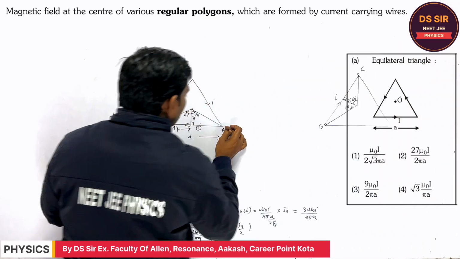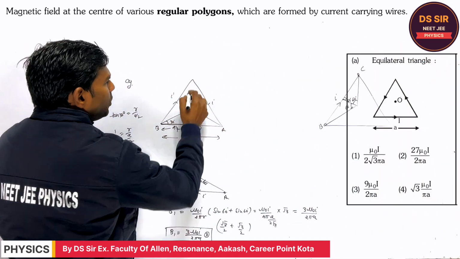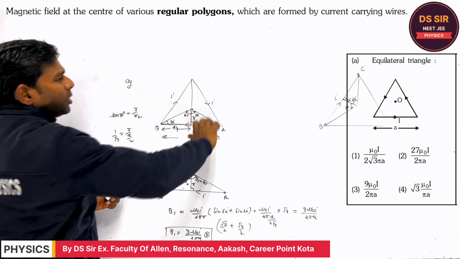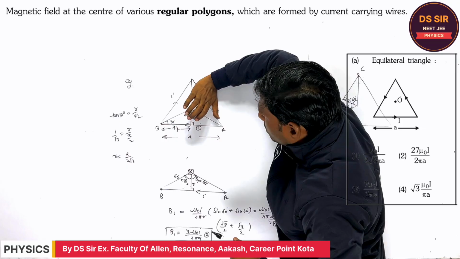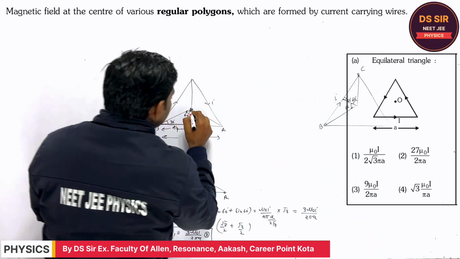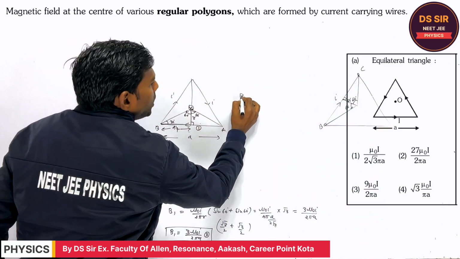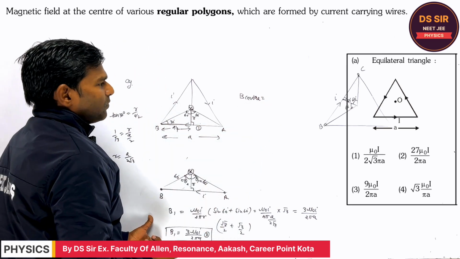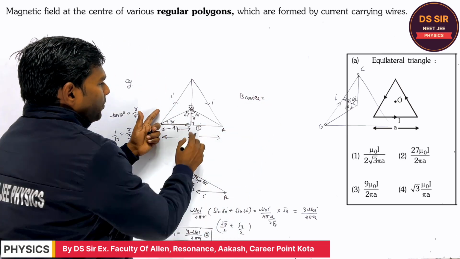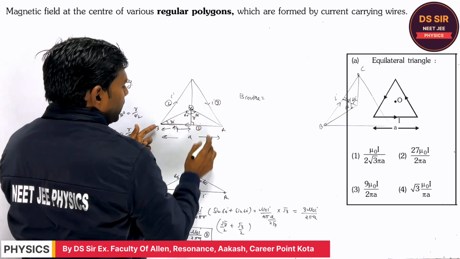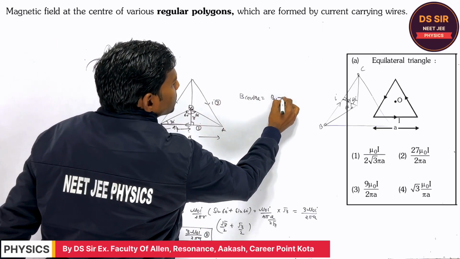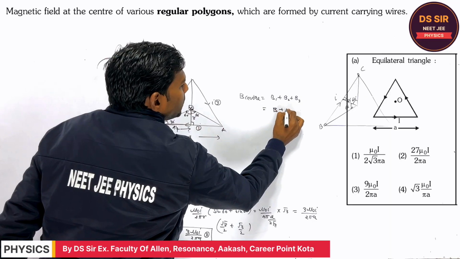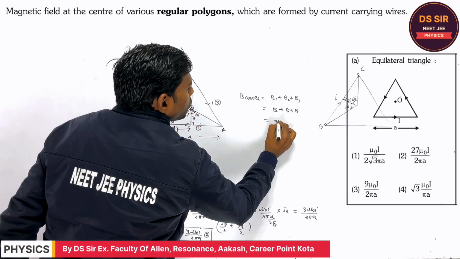So due to this portion, magnetic field into the board, due to this portion into the board, due to this portion into the board. So at the center, the total magnetic field will be 3 times of, right? B1 plus B2 plus B3, but all are same, B plus B plus B. It is equal to 3B.